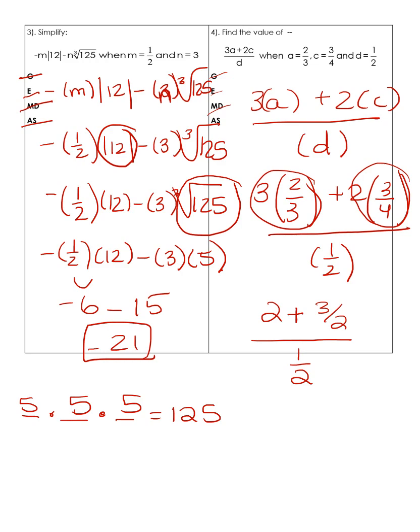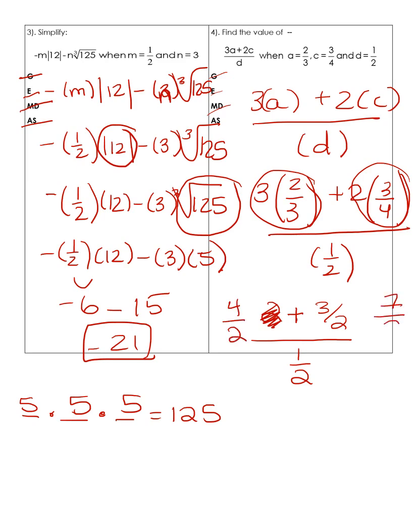So a lot of students get stuck here. If you're not good with fractions, you could put this in Desmos. So 2 plus 3/2 over 1/2, or if you think about 3 over 2 as 1.5, if you do common denominators, 2 is going to be 4 over 2.